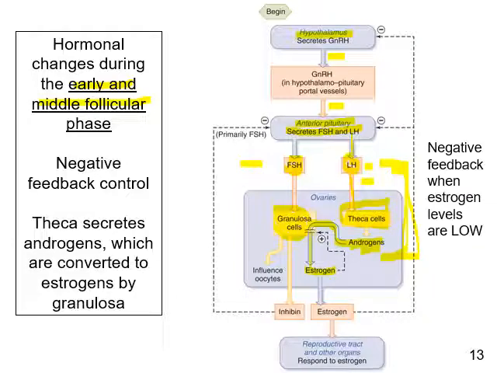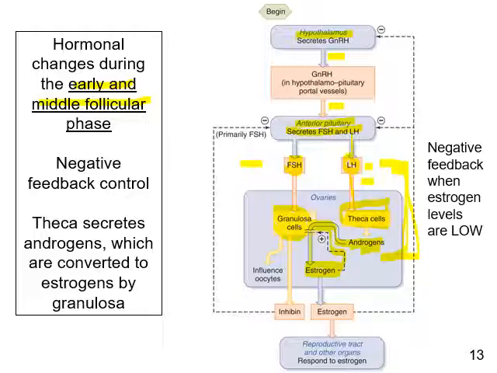Estrogen builds up because the granulosa cells are proliferating. The antrum of the follicle becomes a rich bath of estrogen, and the estrogen exerts positive feedback on the granulosa.